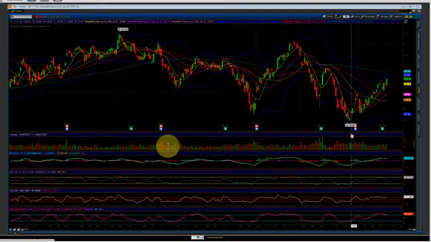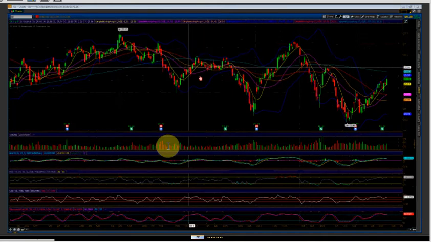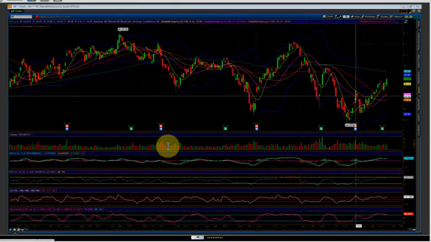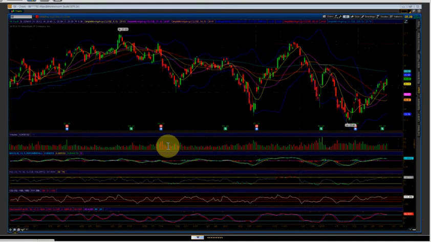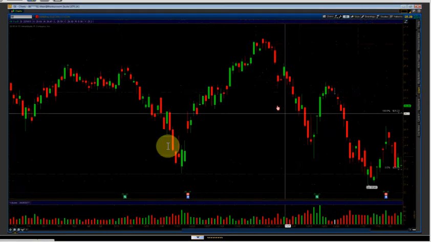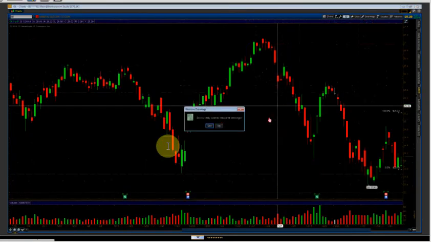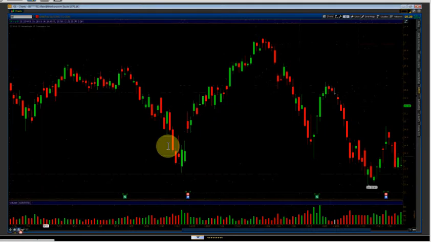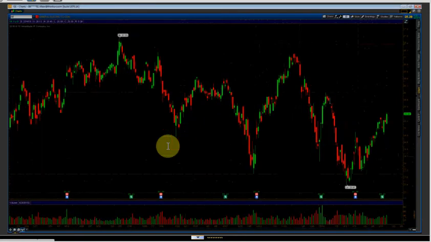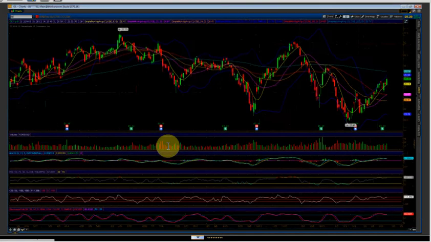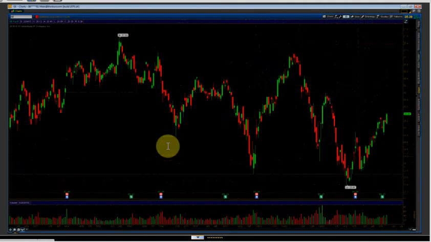Do you see a difference visually between a chart like this and maybe a chart like this? We'll go back to this one and over to this one.